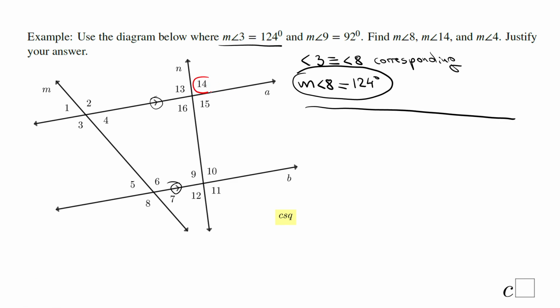If you notice 14 now, and these two lines are parallel, which of these two angles am I going to use? Angle 3 or angle 9? Obviously angle 9, because 14 and 9 go with this transversal N, right? And how are these two angles? We don't really have a name for these angles if you look at them like that.